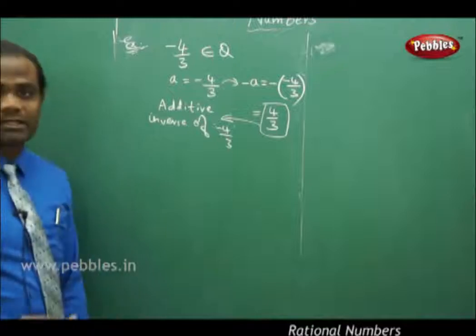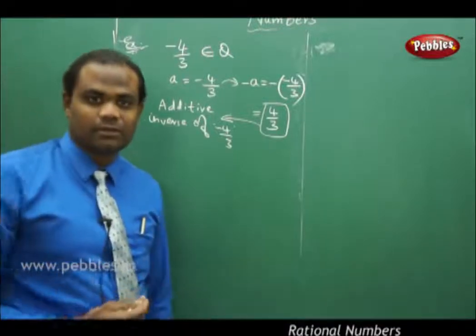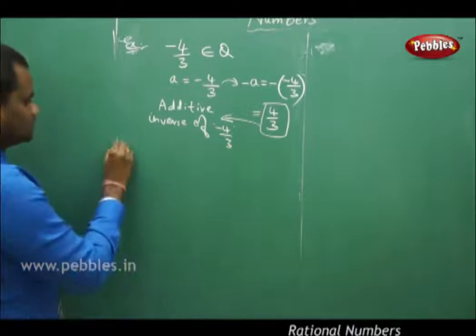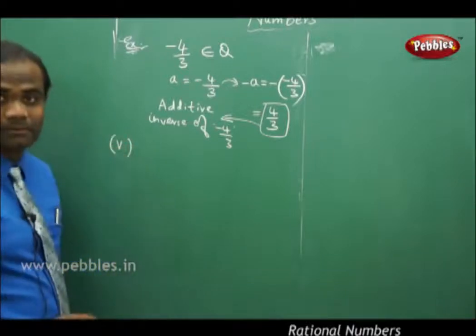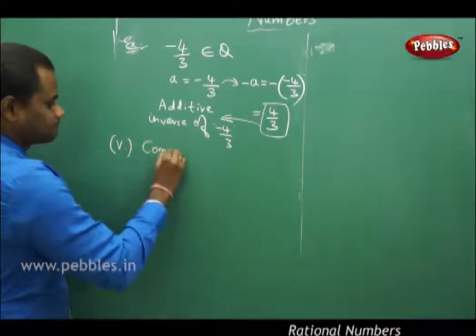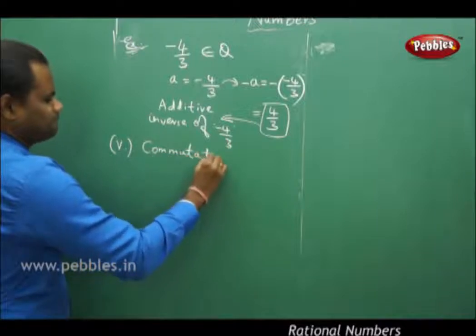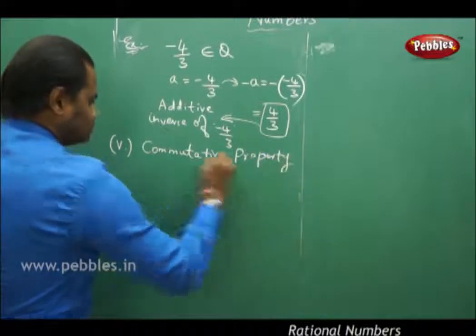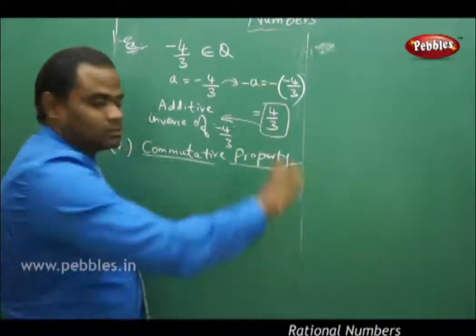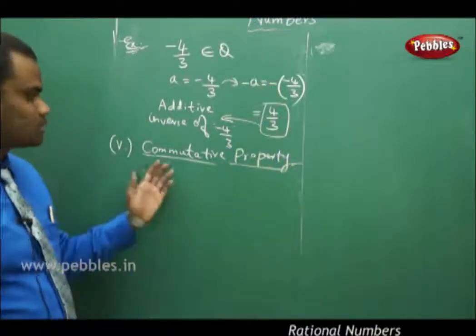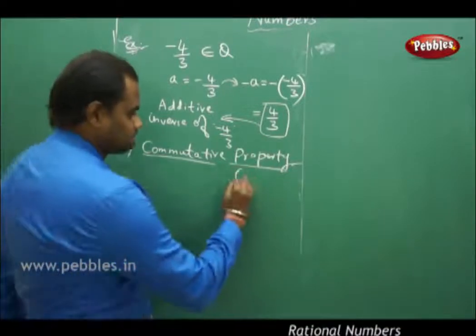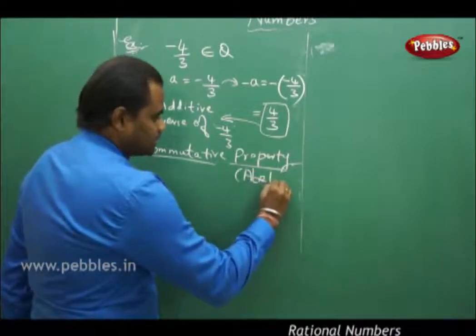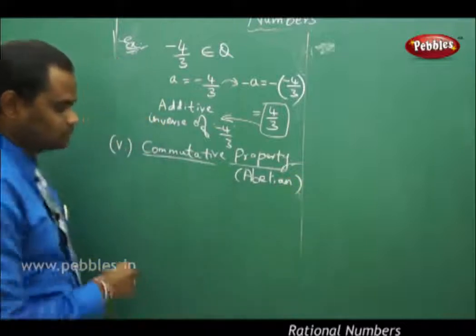Yes. Now the next and the last property which we identify in the set of rational numbers is the commutative property. Commutative property is also called abelian property, and let's see what exactly it is.